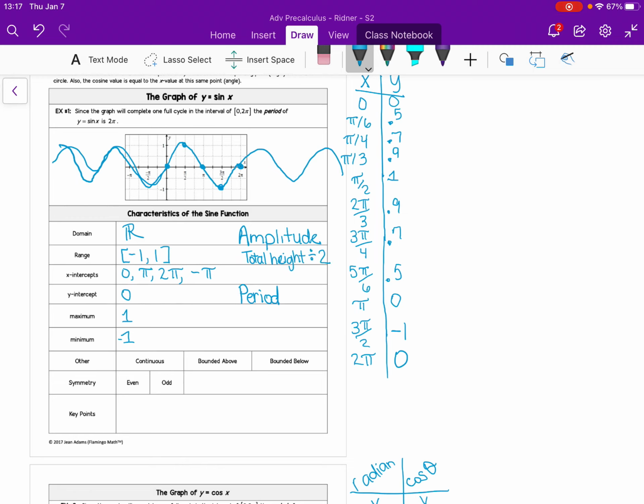Now, if the middle ground is the x-axis, it's just the height. So in this case, 1. But if I think about it, the total height is actually 2 high. And then 2 divided by 2 is 1. So the amplitude is 1. And since by definition it is height, we do not talk about negatives when we're talking about amplitude.